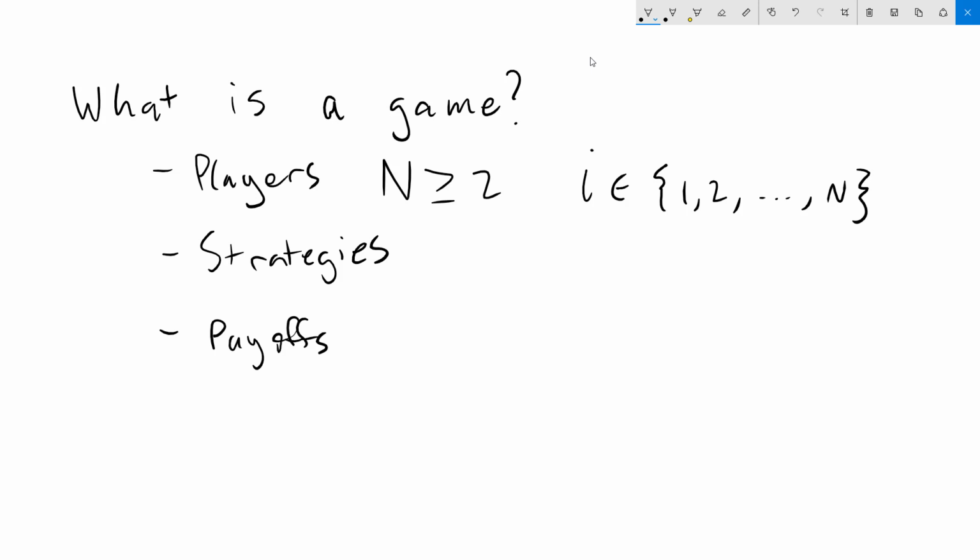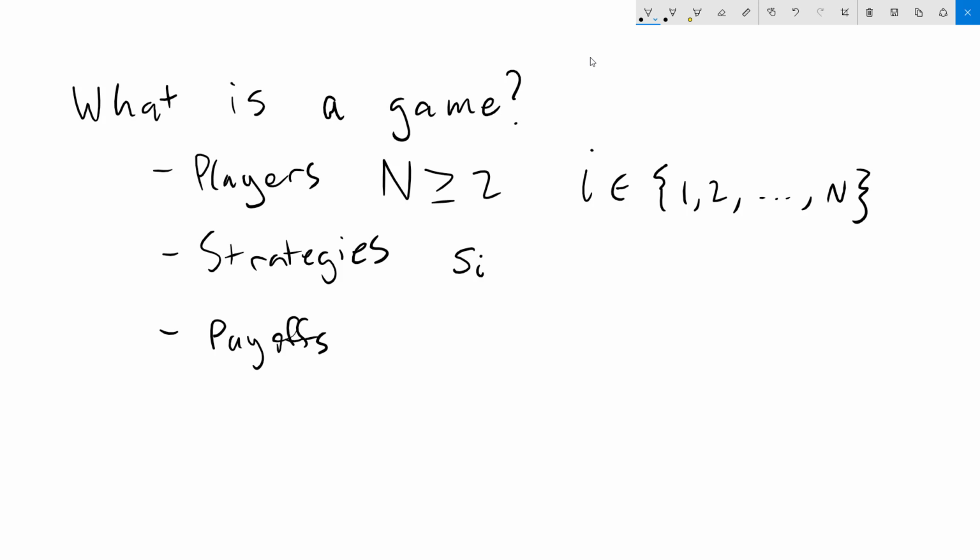In the most general sense, we'll refer to a specific strategy for player i as s_i. s_i is not a number, it's not any one thing, it's simply their strategy. And it could be a very complex strategy or it could be a very simple strategy.